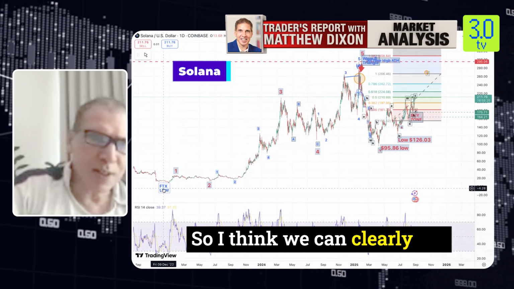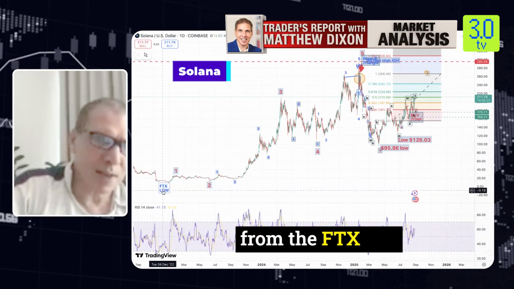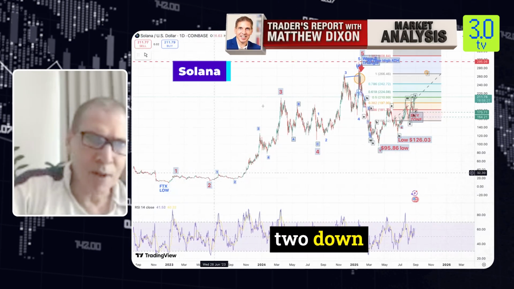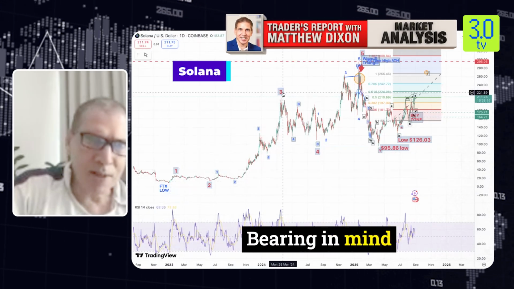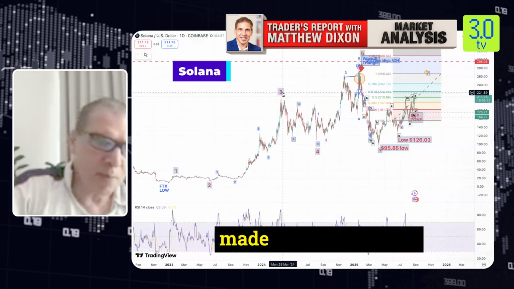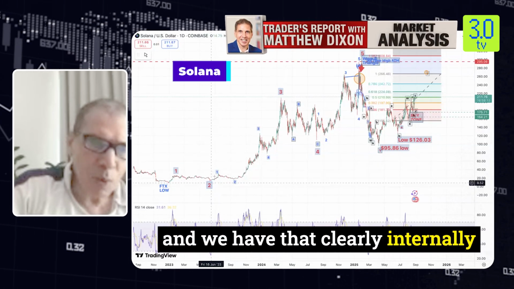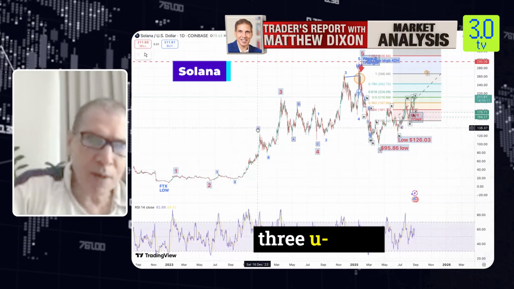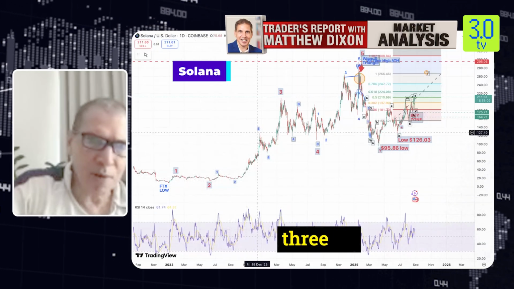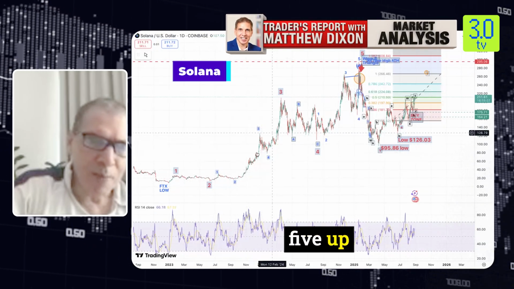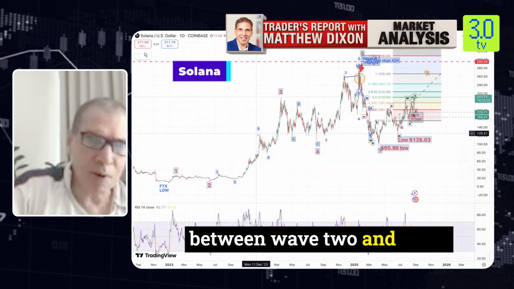So I think we can clearly see that from the FTX low we've had a wave 1 up, 2 down, 3 up. Bearing in mind a wave 3 itself will be made up of 5 waves, and we have that clearly internally. We can see wave 1 up, 2 down, 3 up, 4 down, 5 up. And we can see alternation between wave 2 and wave 4.